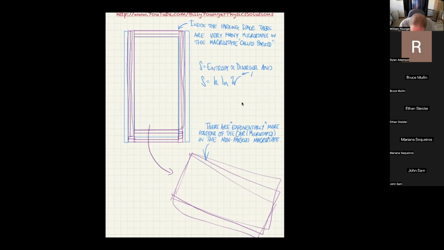So number of microstates in the macro state.